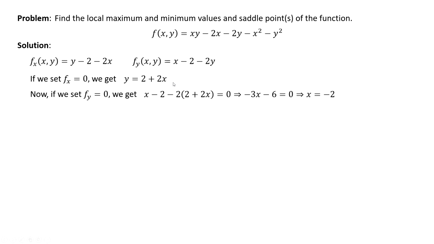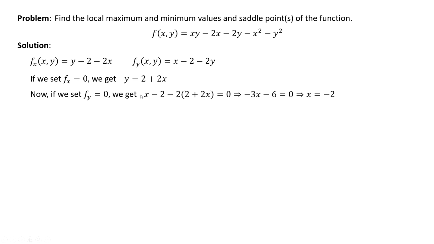So there are infinite number of points where partial f with respect to x is 0. Similarly, if we set partial f with respect to y to be 0, then we get another line, x equals 2 plus 2y line, right? Or you can solve for y and say 1/2 x minus 2 along that line.